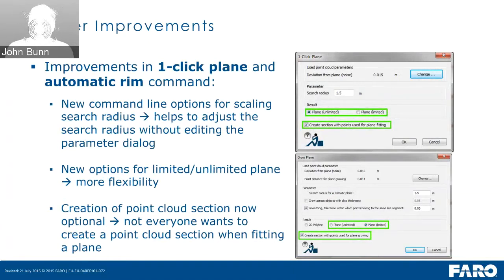I'll do the one-click plane and let the plane sort of grow. And for anyone who has not used this feature, it's very useful for being able to trace out a complete facade at its real shape. So if you were to click anywhere on that wall, for example, it will actually take the plane and make it grow to trace that shape.